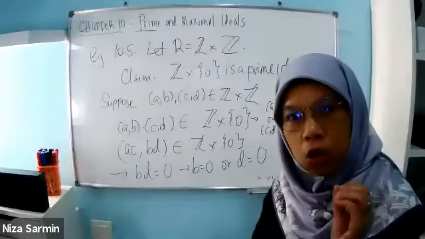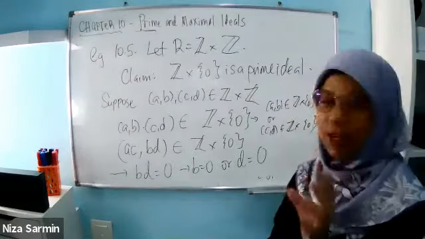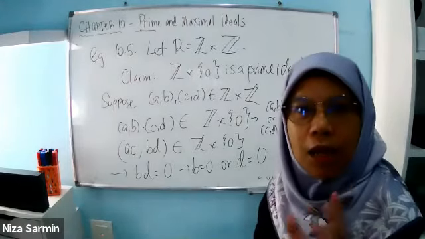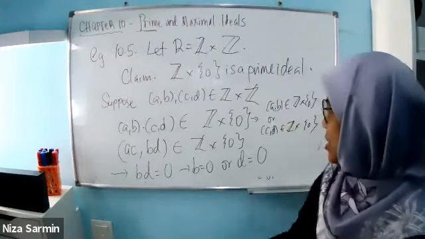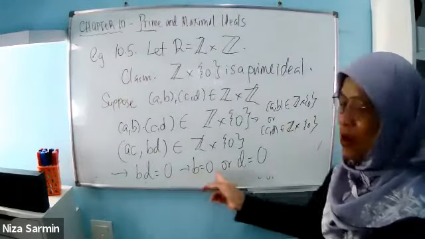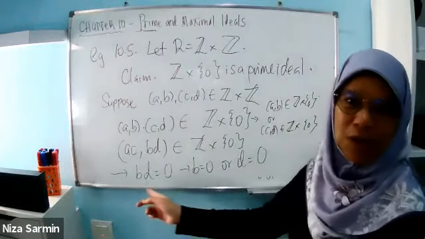A commutative ring with unity which does not have zero divisors. So a commutative ring with unity is the one that's given. That's why we put that in the theorem. It has no zero divisor. You see why there is no zero divisor? Because of this, you can actually see how you can prove it, right?